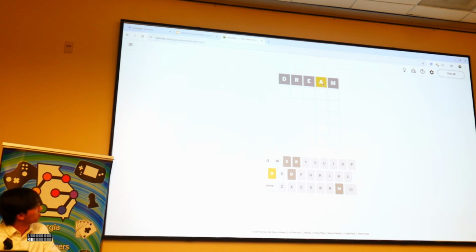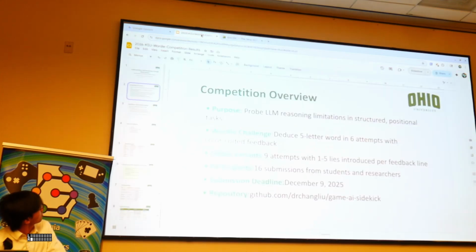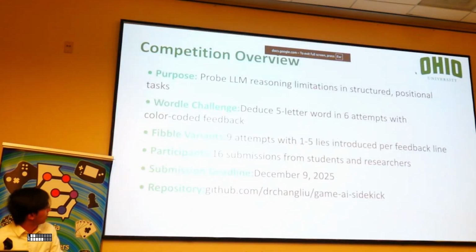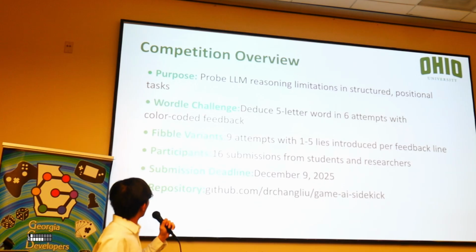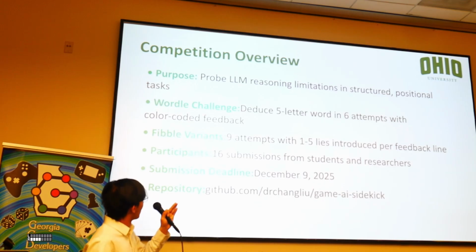Yellow indicates that that character is present in the word, but in the wrong position. And green stands for the correct character and also the correct position. You're given 6 attempts in Wordle, and you have to deduce a 5-letter word.